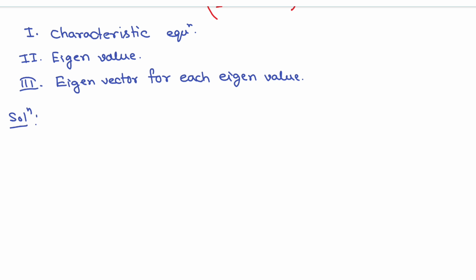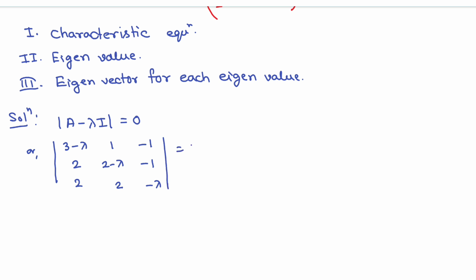The characteristic equation means the determinant of A minus lambda I, so determinant of A minus lambda I equals 0. So the matrix is 3 minus lambda, 1, minus 1; 2, 2 minus lambda, minus 1; 2, 2, minus lambda, equals 0.